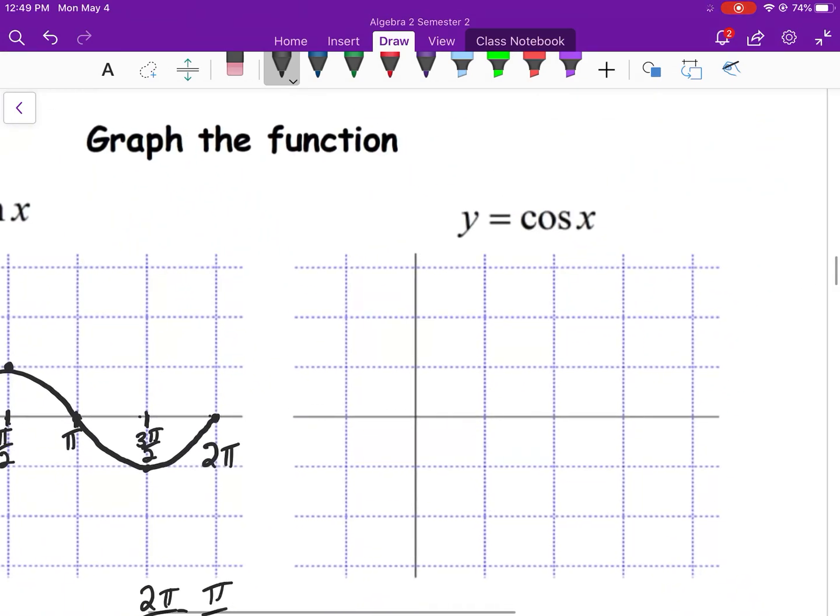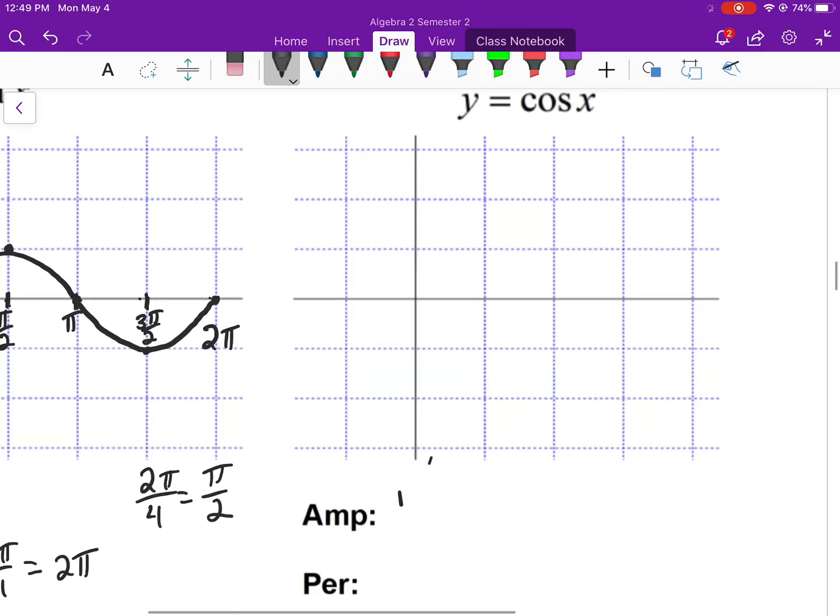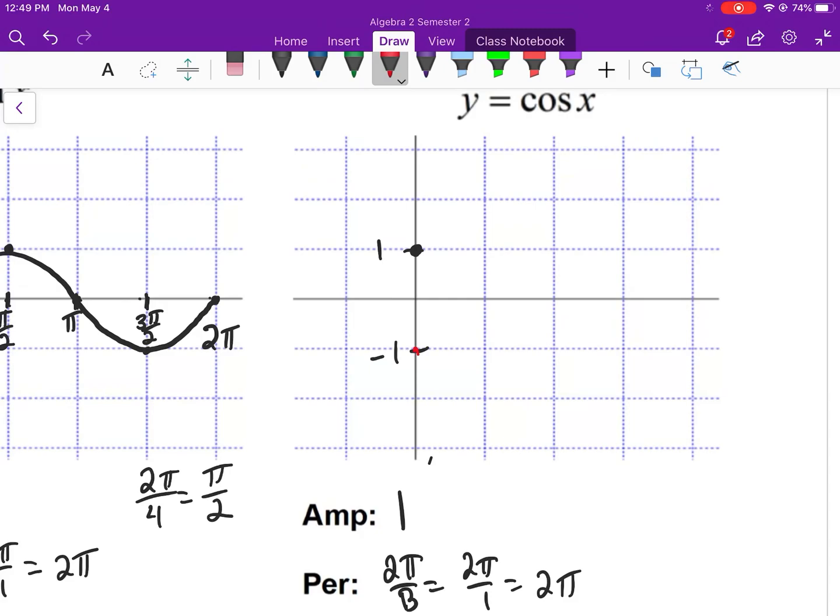Okay, so now cosine, again, we had an amplitude of 1. You got a b value of 1, so 2 pi over 1, again, just 2 pi. Now the difference here, again, cosine, we start at the peak if the a value is positive. Okay, later on we're going to get to negative a values. Then we would start down here, but not for now.